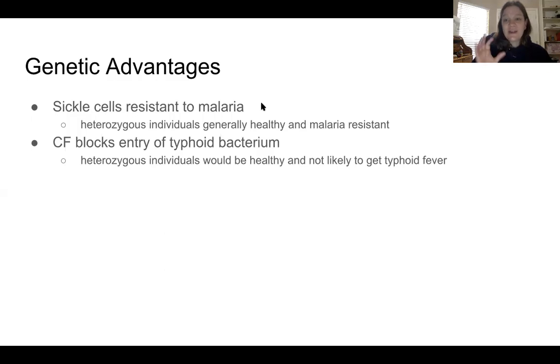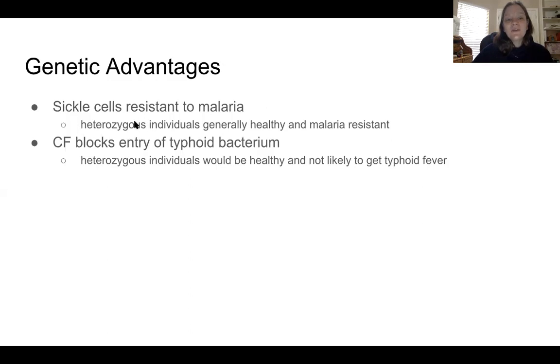For whatever reason, having those sickle-shaped cells, you don't get malaria. If you are homozygous, you have two copies of sickle cell, so all of your blood cells are sickle-shaped. You may not die of malaria, but you have sickle cell, and it's not really a whole lot better.